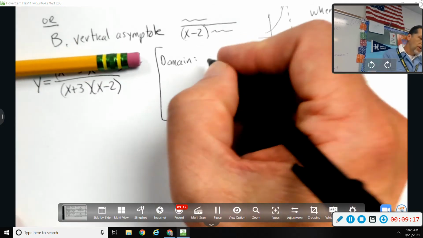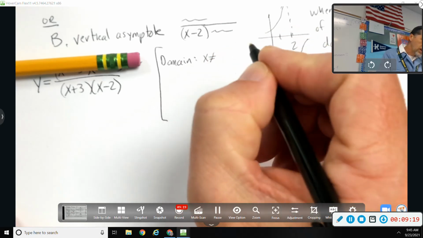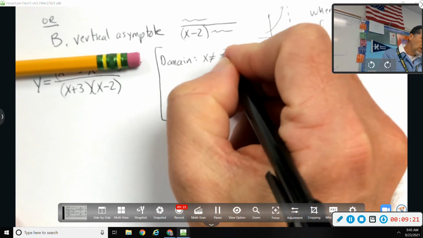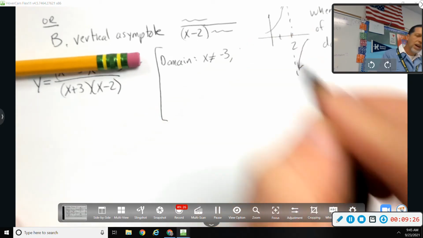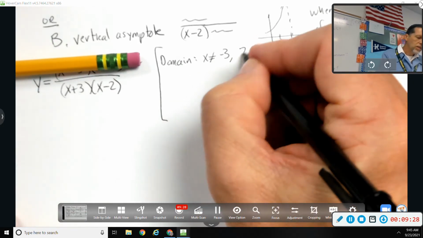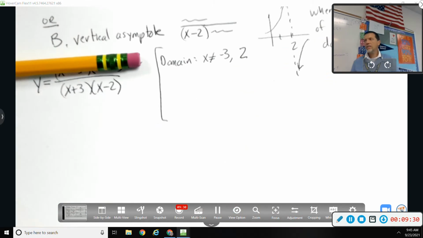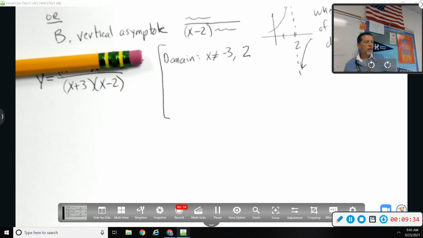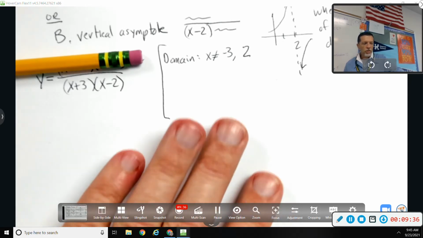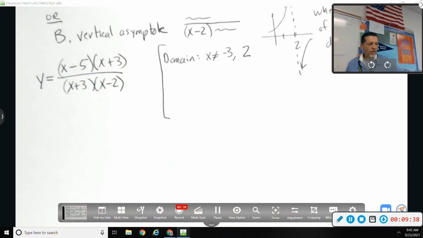Let's phrase it that way. It can't be negative 3, and it can't be positive 2. So there's 2 things that x can't be, because that would make the bottom 0, and we can't divide by 0. Now we don't know yet if those are holes or vertical asymptotes. We'll look at that next.